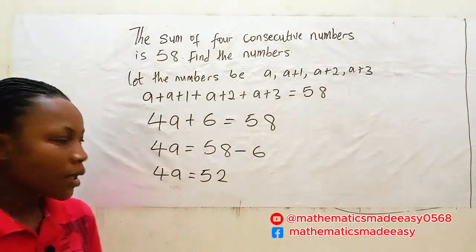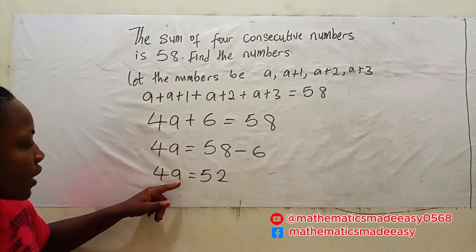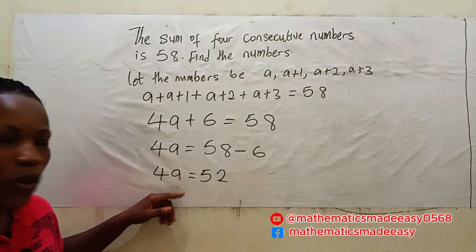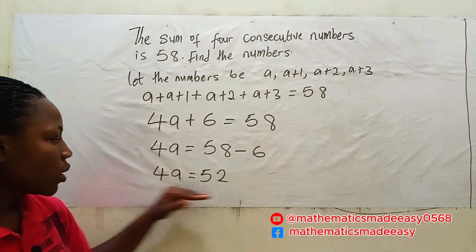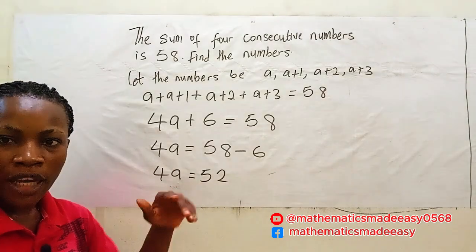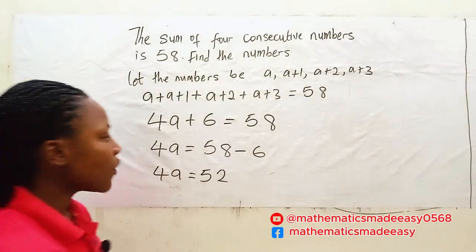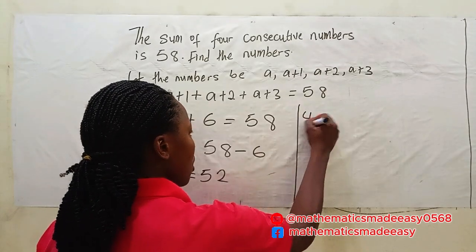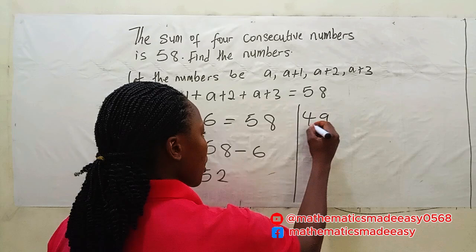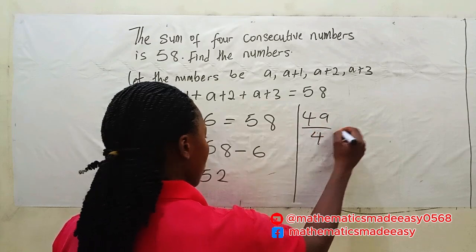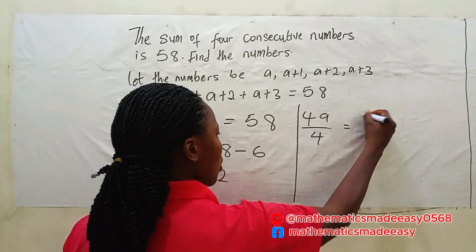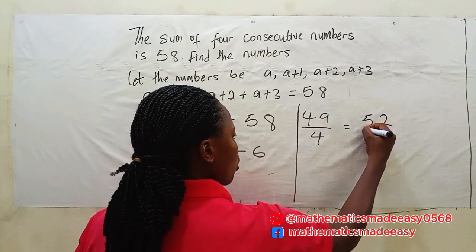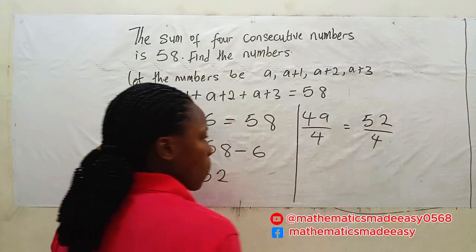All right, now for us to find the value of our a, we have to divide both sides by 4. Okay, and dividing both sides by 4, we are going to have 4a over 4 equals 52 over 4.